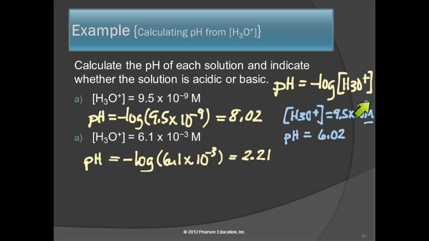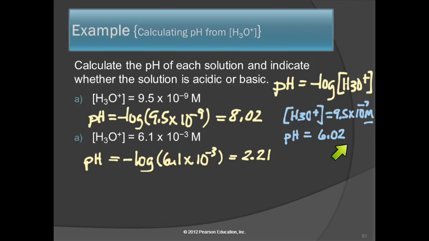Because this exponent is different from this by 2 orders of magnitude, a factor of 100, and so this digit before the decimal point goes down by 2. Check me. 9.5 EE 7 minus log, change the sign, 6.02.